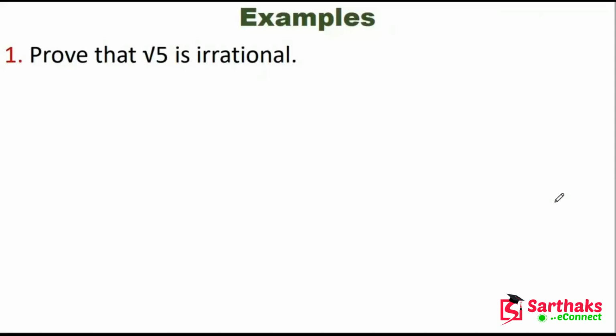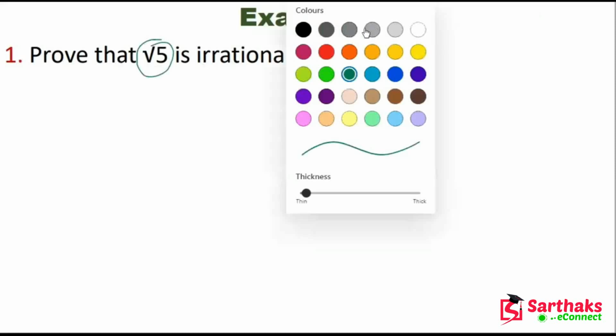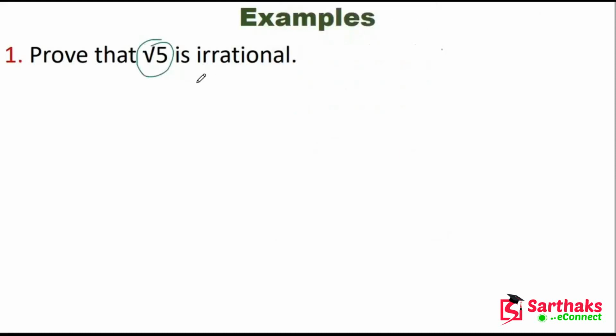Okay, so our first question is: prove that under root 5 is irrational. We have to prove that under root 5 is irrational. So first of all, let us assume that under root 5 is rational.